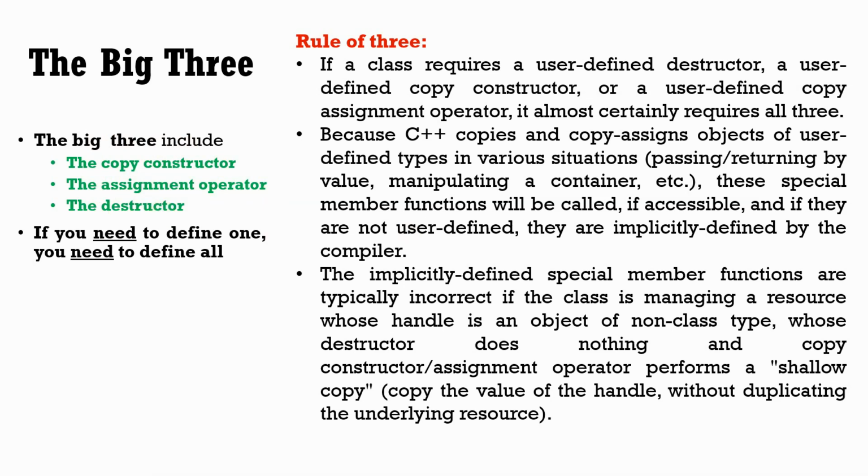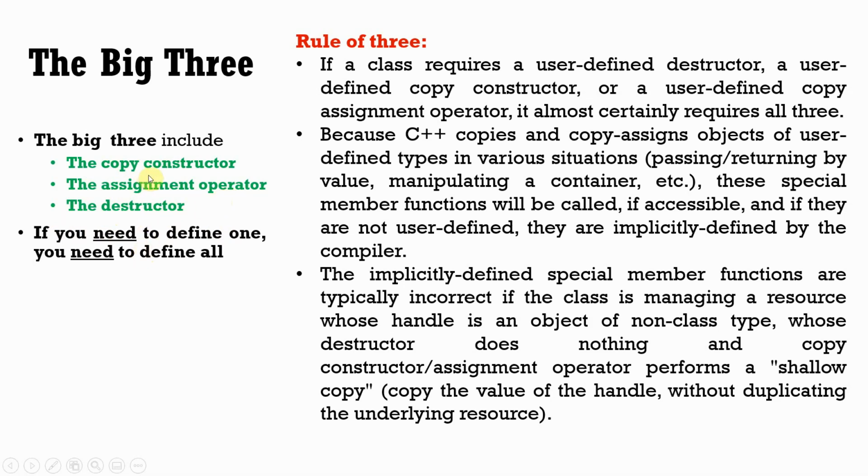If for one class you realize that you need to define your own copy constructor, then it means you need to define your own assignment operator and destructor as well. If you realize that you need to define your destructor, it means that you need to define your copy constructor and assignment operator as well, right?